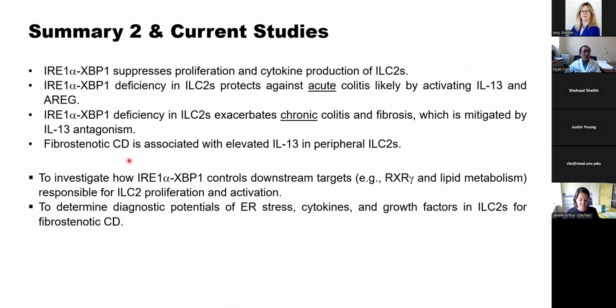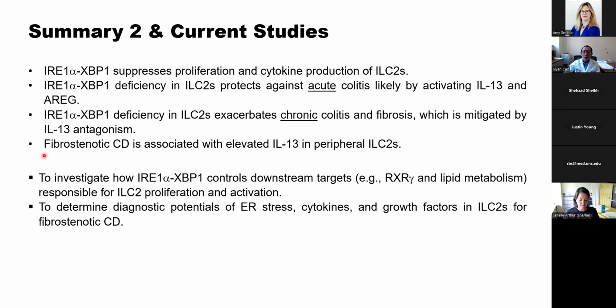And so for this study, we show that IL-1 XP1 suppresses the proliferation and cytokine production of ILC2s. And the deficiency of this pathway in ILC2s protects against acute colitis, likely by activating IL-13 and ARAG. In contrast, this deficiency exacerbates chronic colitis and fibrosis, which is likely related to the upregulation of IL-13 in ILC2s.